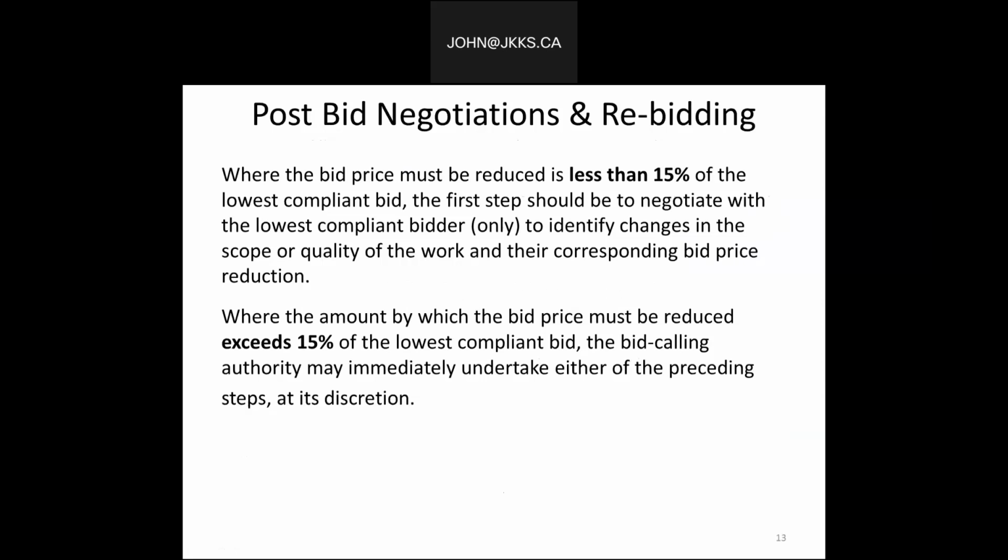Where the amount by which the bid price must be reduced exceeds 15% of the lowest compliant bid, however, the bid calling authority may immediately undertake either of the preceding steps at its discretion. So what we're really starting to talk about here is when the lowest compliant bid exceeds the budget. But rebidding should be avoided whenever possible because of the additional time and costs incurred by all parties.